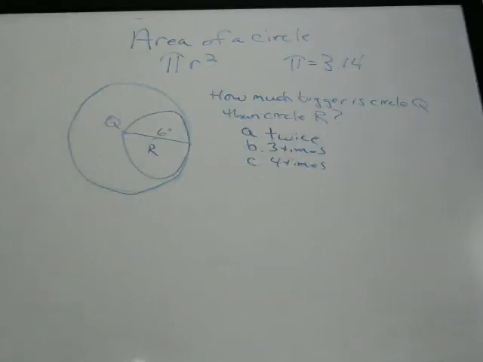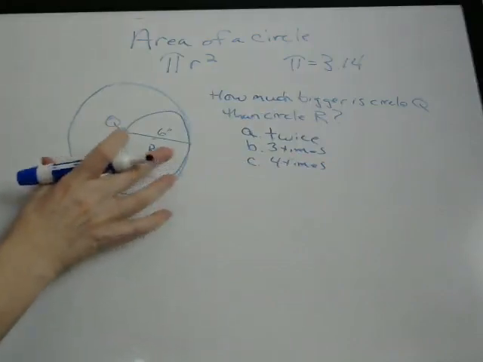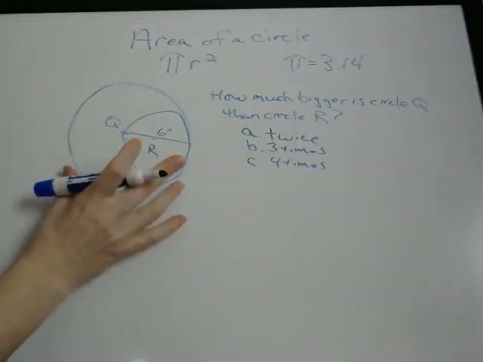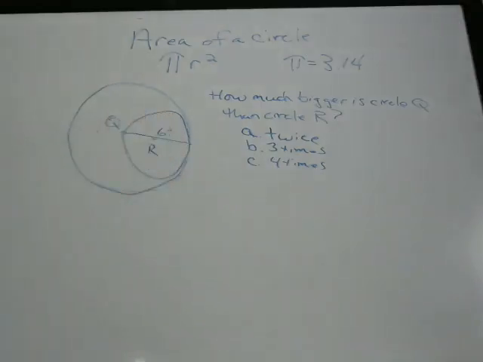So we're going to compare the two areas. And again, we're going to leave things in terms of pi, but we don't have to. So you want to find what's the area of the larger circle and how much bigger is that than the area of the smaller circle.